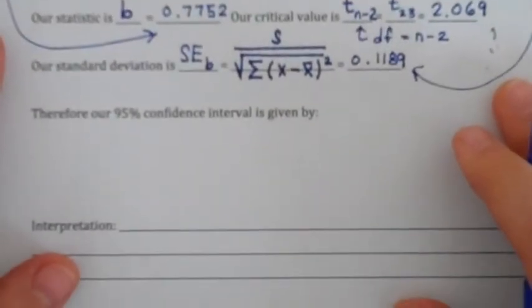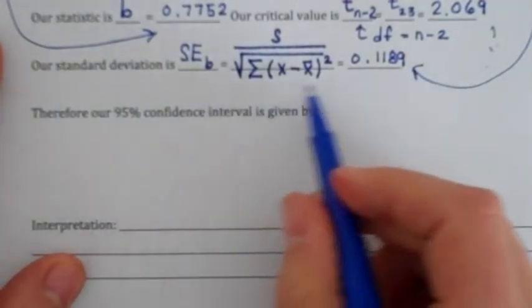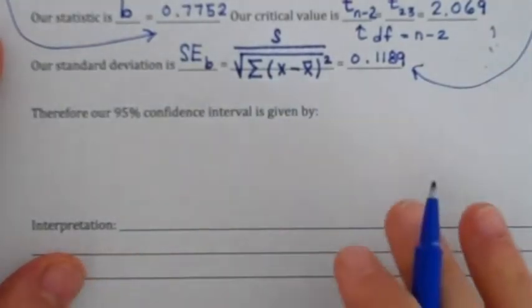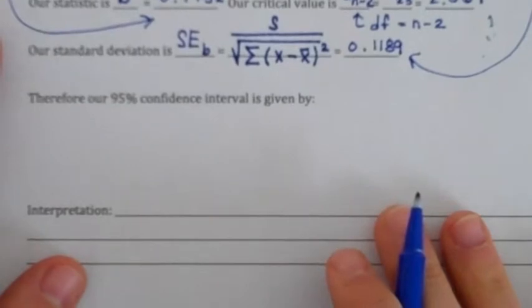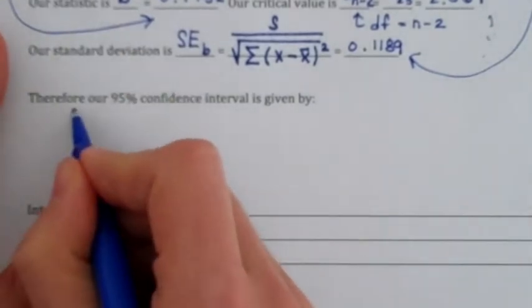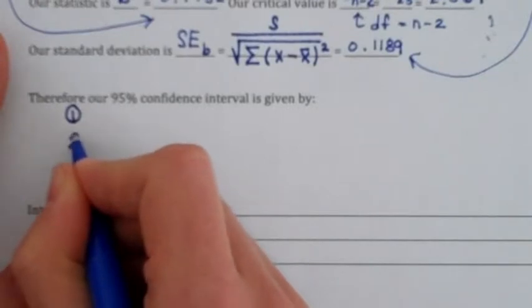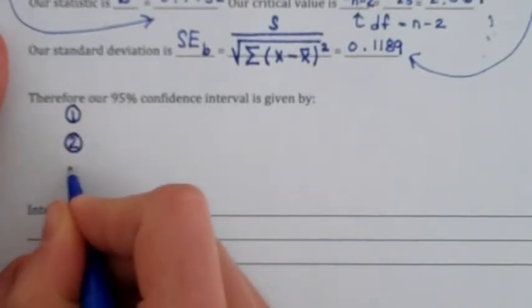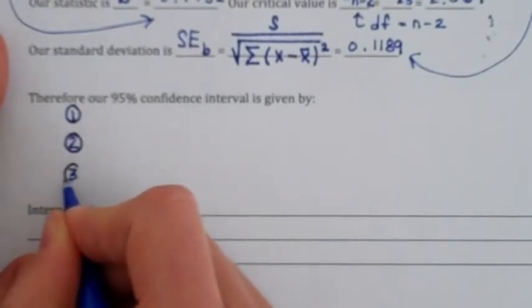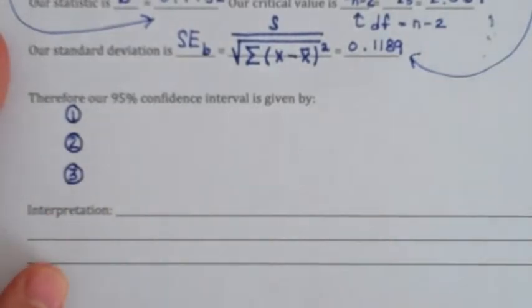Okay, all right, so now that we've got that in place, let's construct a 95% confidence interval. All second semester, we've had a 3-step process by which we come up with these confidence intervals.